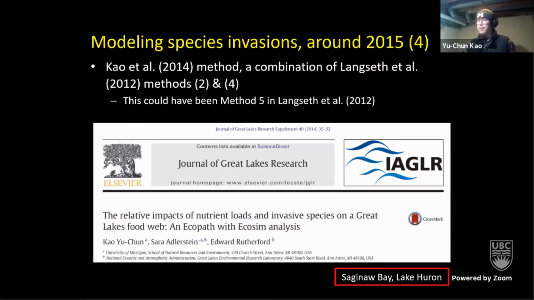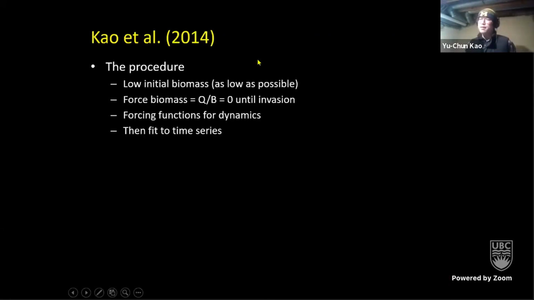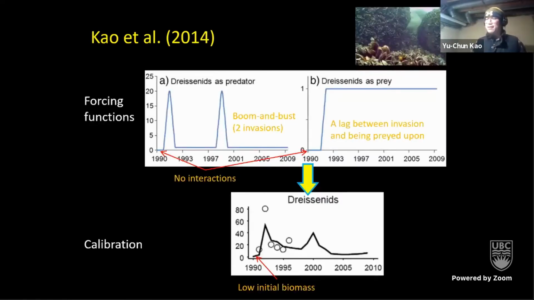Our method was for the Saginaw Bay, Lake Huron model, and the procedure was to have low initial biomass, force the biomass and the Q/B to 0 until invasion, use a forcing function for the invasive species dynamics, then fit the time series. I used this method in all of my papers without any big problems.